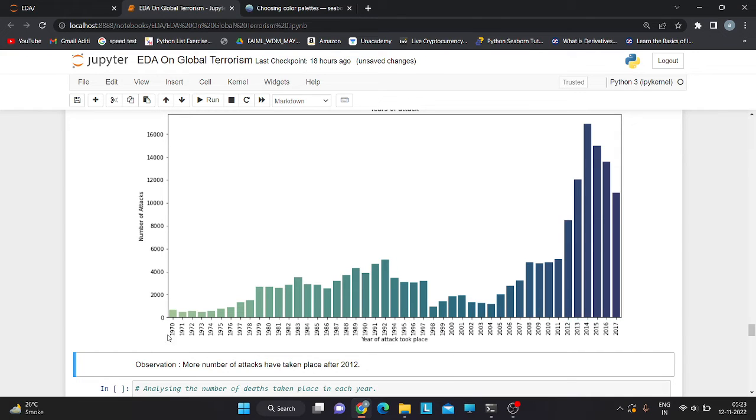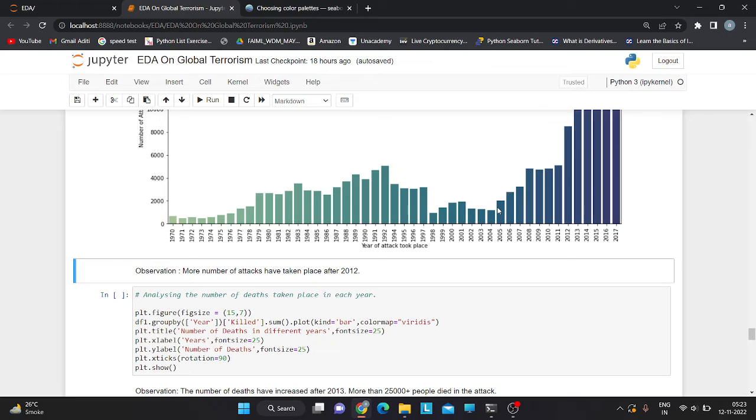From 1970 this is just increasing, and it was normal till 2011 or 2012. But as 2013 came, there is a spike in the attacks. As we could see here, there's a spike in the attacks. So more attacks have taken place after 2012. That is what we have observed.